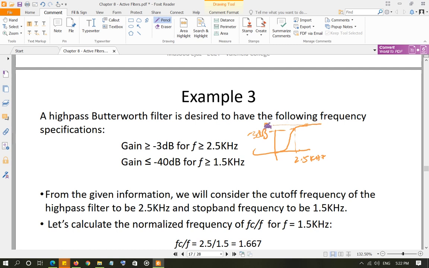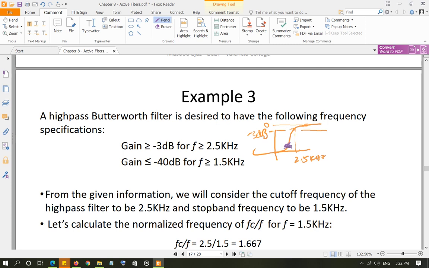And remember, it's eventually going to become 0 decibel, because eventually the gain is going to become 1, which corresponds to 0 decibel. So the gain is greater or equal to negative 3 decibel, negative 2 decibel, negative 1 decibel, and eventually 0 for frequencies greater or equal to 2.5 kilohertz. So all these frequencies are greater than 2.5 kilohertz. And the gain is less or equal to negative 40 decibel for frequencies at 1.5 kilohertz.